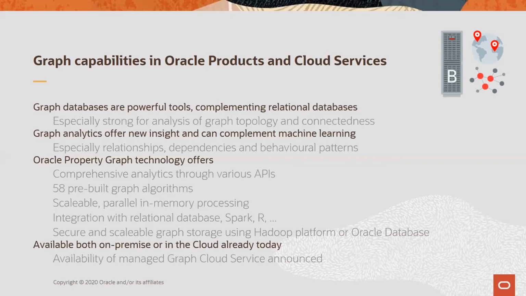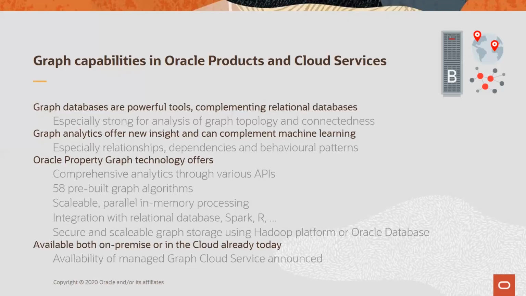Right? For us in particular, as Oracle, what we provide is a property graph platform, which has not only a comprehensive set of analytics included already in the product, including some 58 pre-built graph algorithms, but we also use this scalable, parallelized in-memory analytics engine, which I was referring to, which is just extremely fast because it's wholly in memory.